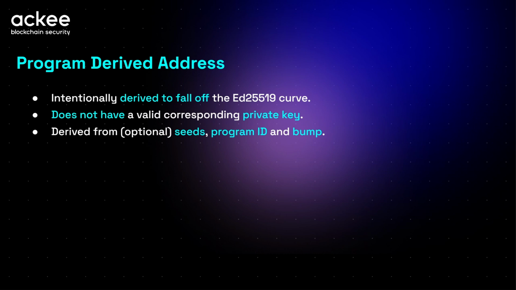It is derived from seeds, program ID, and bump. You will see for the cross program invocation part that the program ID is really important in order to be able to create the signatures during the cross program invocations. And also you will see why the bump is important. Yeah, and the seeds are optional, so the seeds field can also be empty.